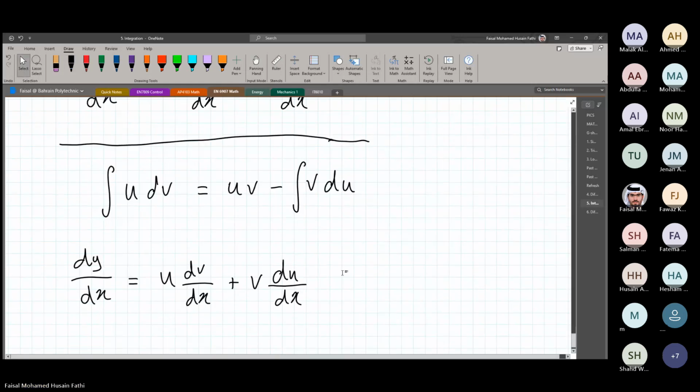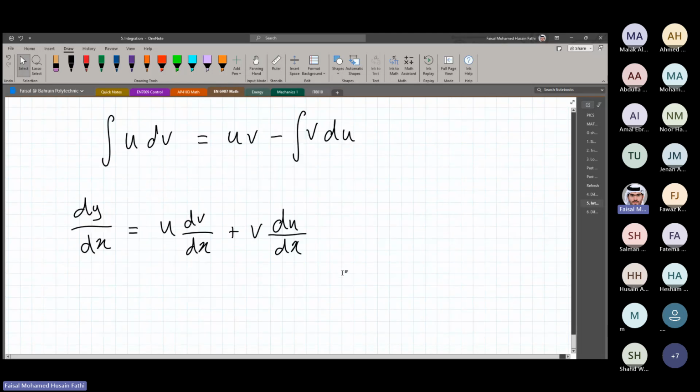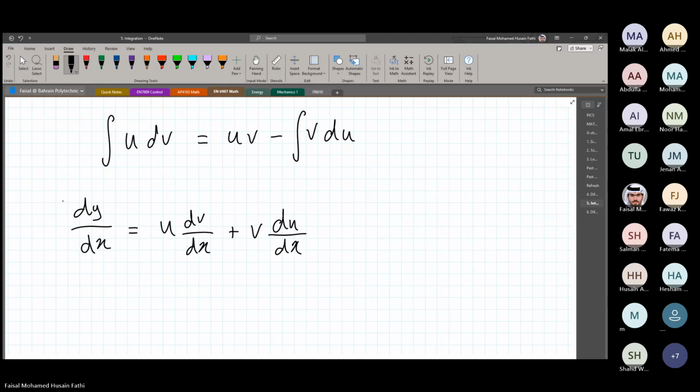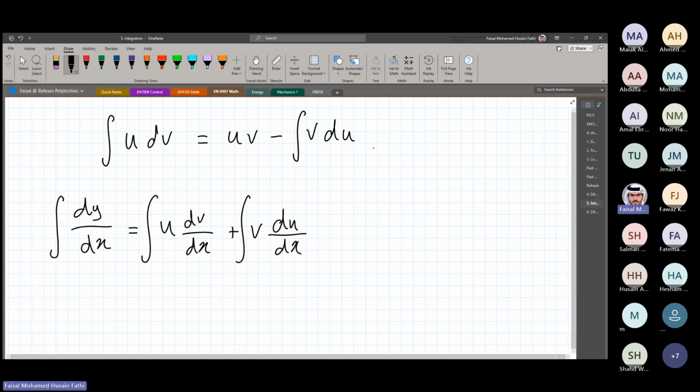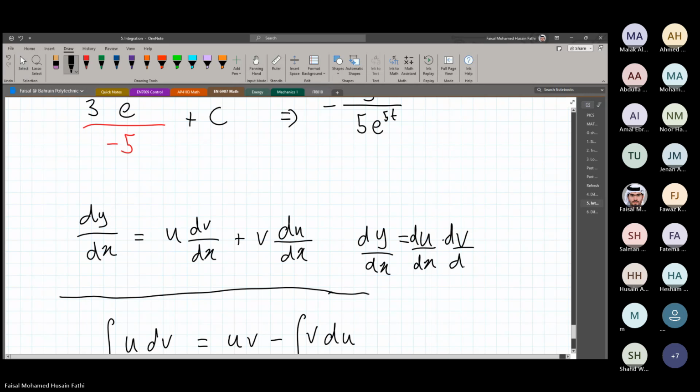All that they are doing here is putting an integration directly like this. They're integrating everything. dy by dx is equal to du by dx times dv by dx. It's the exact same thing, as if you're differentiating here.